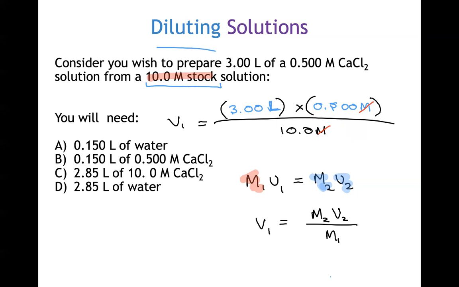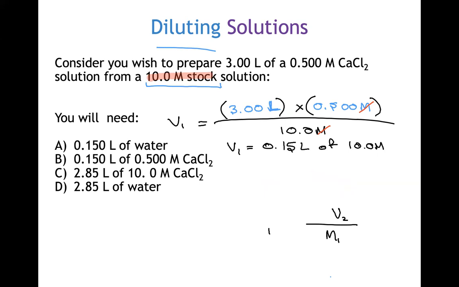Right, so we would get that V1 is equal to 0.15 liters, right? That's 0.15 liters of what? That's 0.15 liters of the 10 molar solution. So then how do we prepare it? Well, let's take a look. Our final volume is 3 liters, and we will only use 0.15 liters of the 10 molar solution.